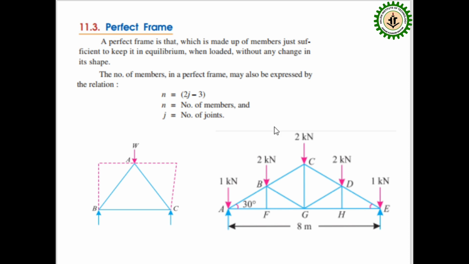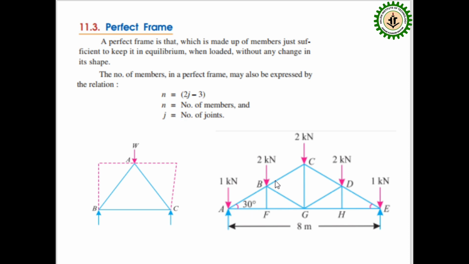Those members which satisfy this equation are called perfect frame. In a perfect frame, n must be equal to 2j minus 3, meaning the number of members is equal to 2 into the number of joints minus 3.